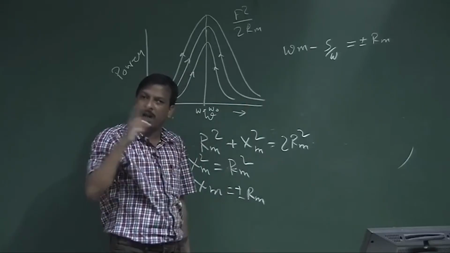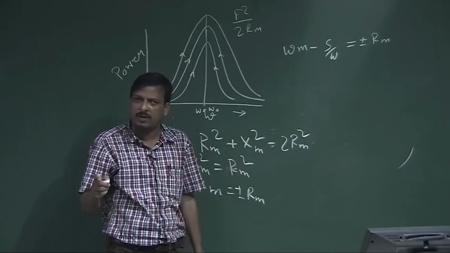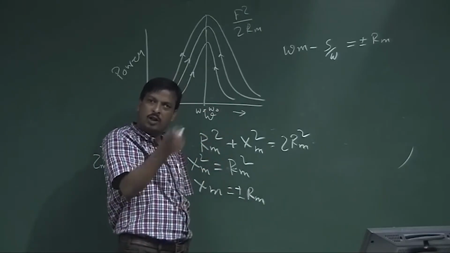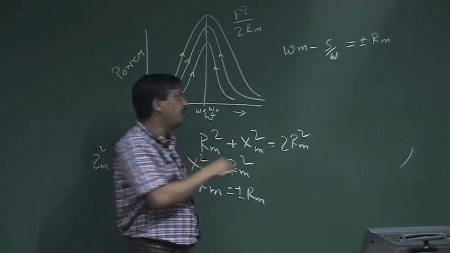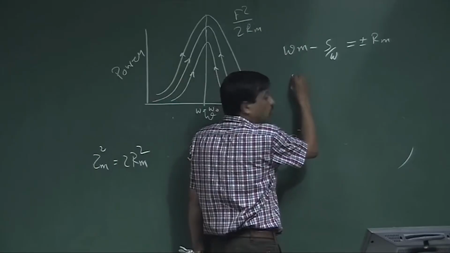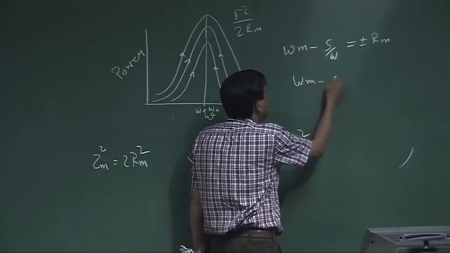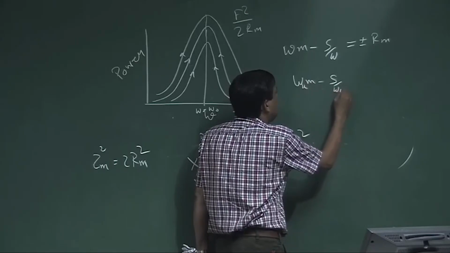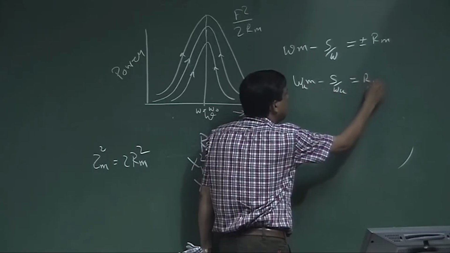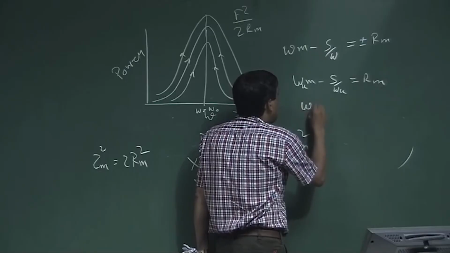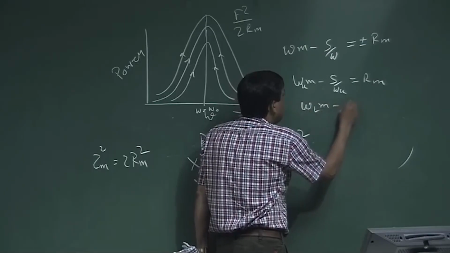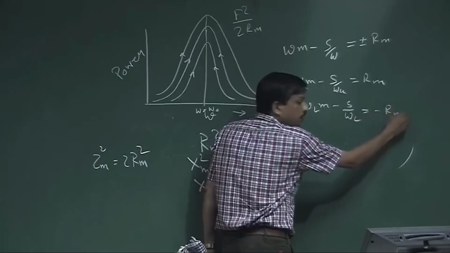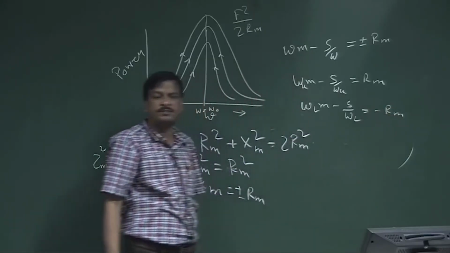So, Xm is plus Rm and Xm is minus Rm. At the upper frequency the value will be high, at the lower frequency the value will be low. So, omega u m minus S by omega u is equal to plus Rm, and omega l m minus S by omega l is equal to minus Rm.